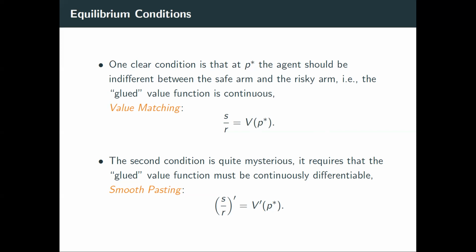That is, you have arrivals of a payoff of -1, which indicates that the risky arm is bad. And in this problem, it turns out that you actually do not have smooth pasting to be satisfied. When you solve the problem, it turns out that you have just one degree of freedom, for instance, and therefore what you can impose is just the value match.